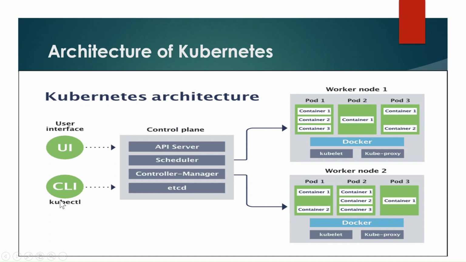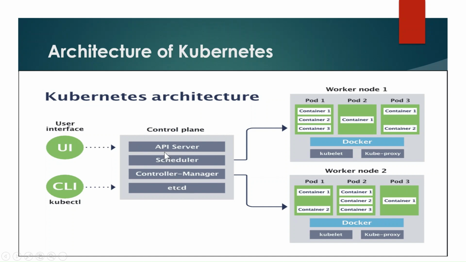Now the kubectl. kubectl is a command line tool for interacting with Kubernetes. Think of it as a remote control for your Kubernetes cluster. In the control plane, there are the components API server, scheduler, control manager, and etcd.